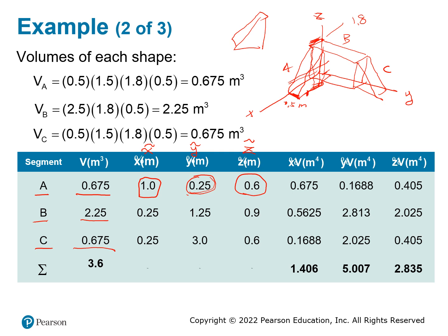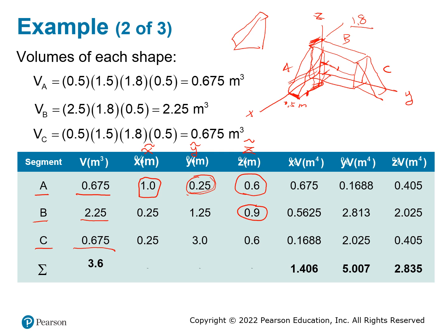So I think that is correct, because if you look at the shape of B, the Z centroid for the rectangular is going to be half of the height. So 1.8 is the height of this one. So the centroid of the B component at the middle is going to be 0.9 here, just right at the middle.